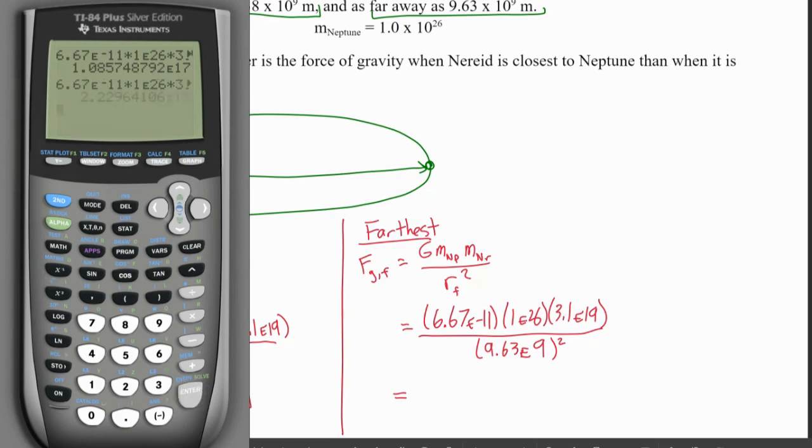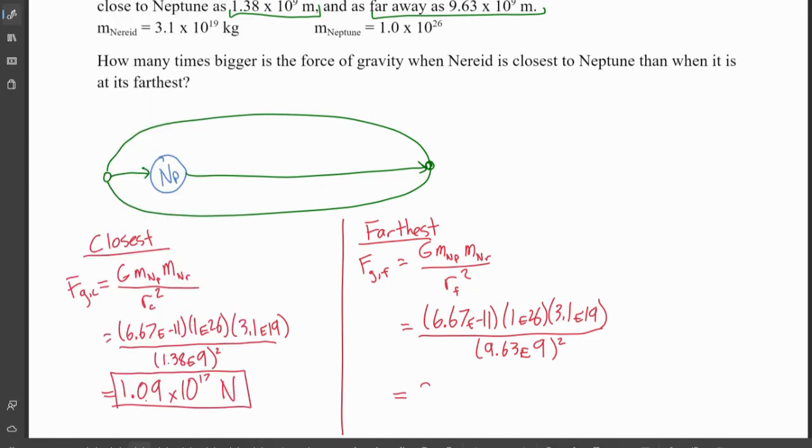So I can just hit enter. It spits out my new number: 2.23 times 10 to the 15th. And you'll notice it's in scientific notation because it's the answer, and AP just has their weird random rules. All right.